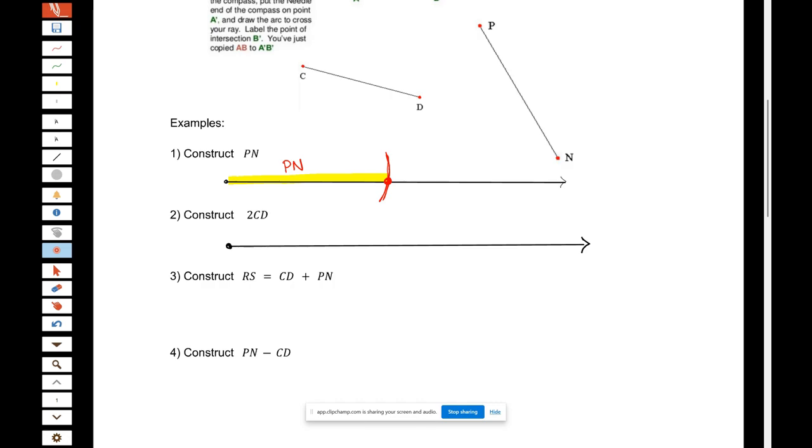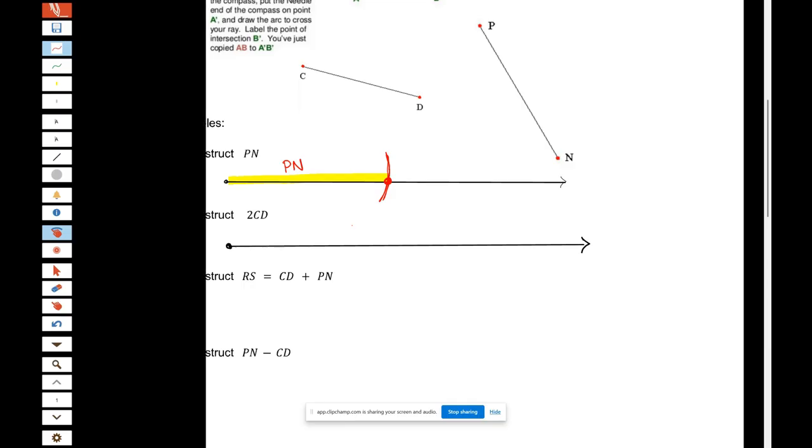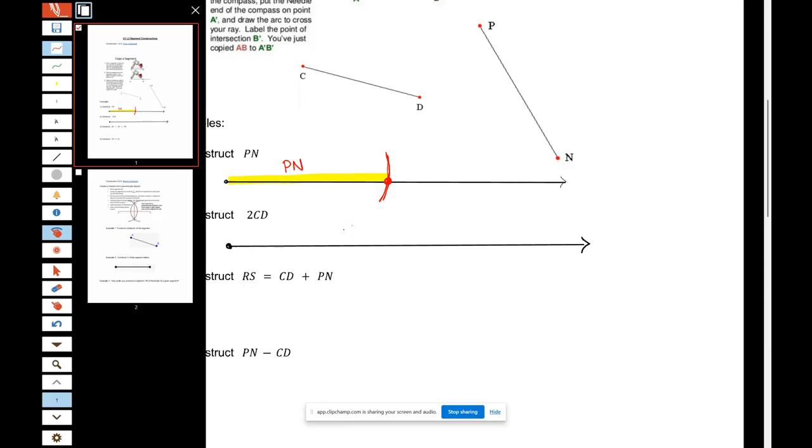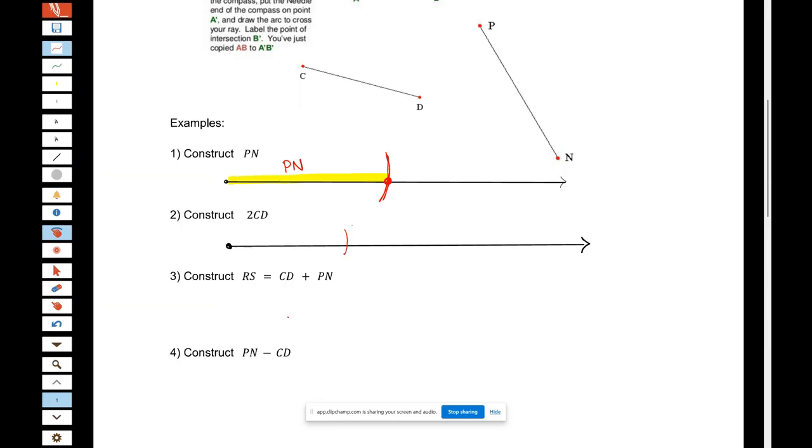And then I'm going to come over here. I'm going to put my pointy part here and draw my compass arc right there. Not easy to simulate on this laptop. All right, so that is 1 CD.